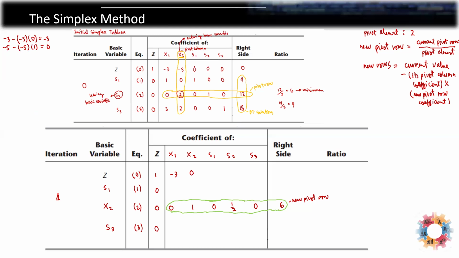Next is 0. You apply that to all the entries in that row.